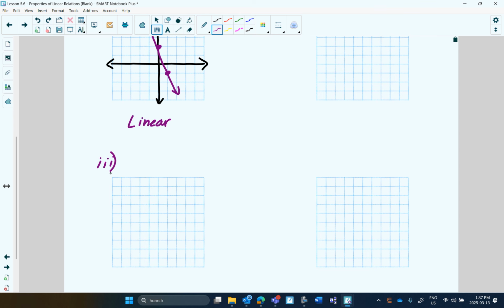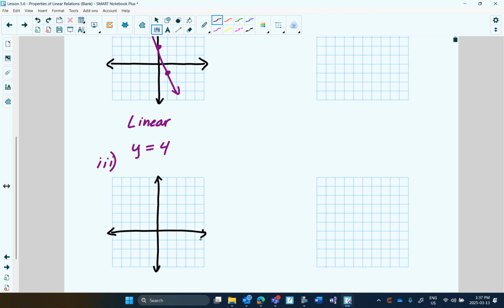So number 3 is the one where y equals 4. I need XY axes. What would that graph look like? You should know how. Yep, horizontal line.